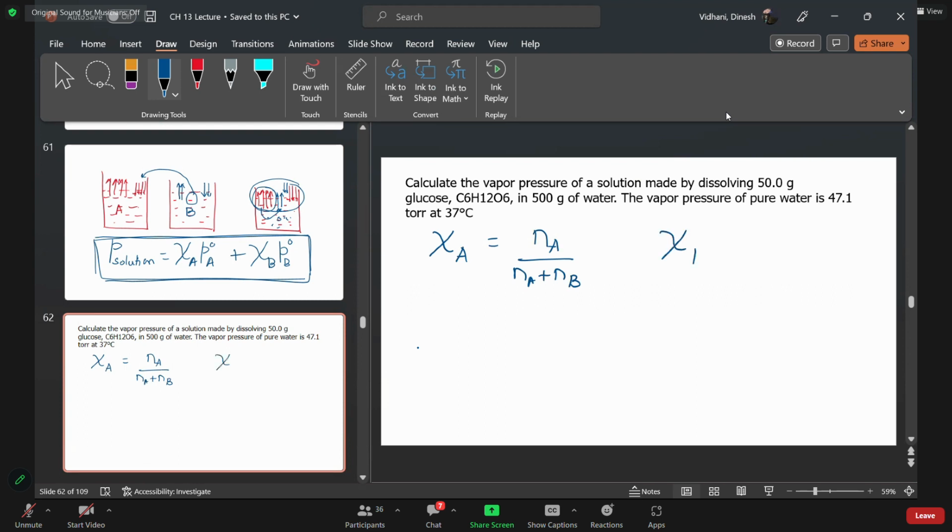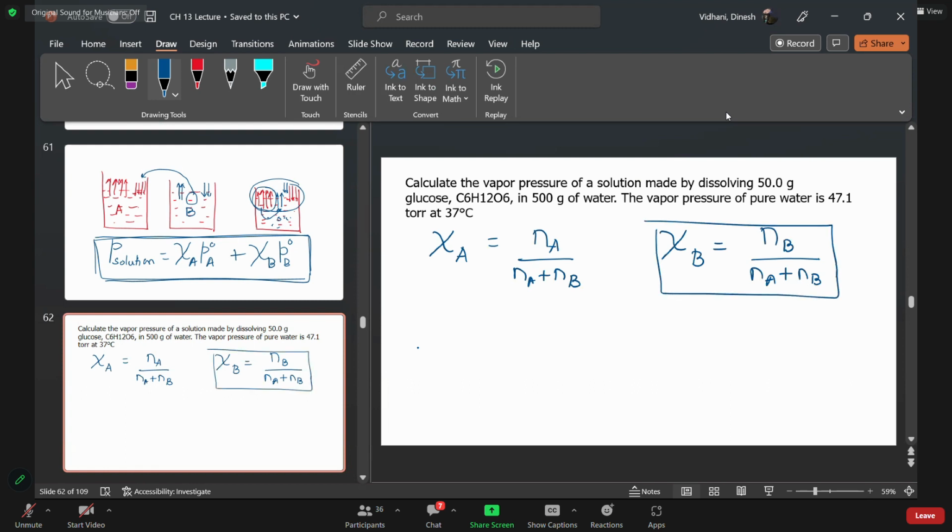In the same way, the mole fraction of B is the number of moles of B divided by the total number of moles in the given mixture. So here, we don't need to worry about B, which is the glucose. Why? Because it is solid. We just need to worry about the mole fraction of A, right?